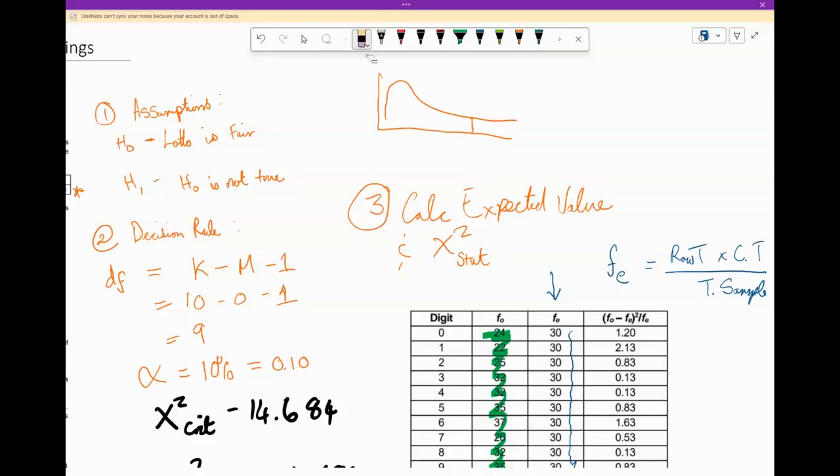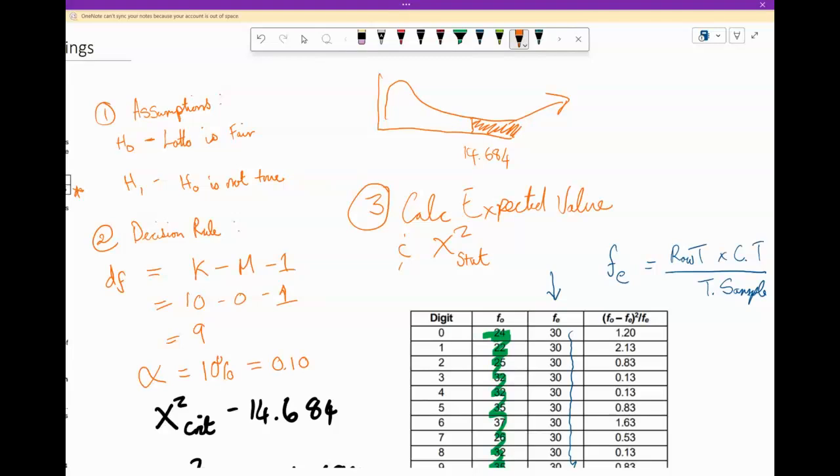In fact, I've done this wrong here. No, I lie, I actually was right. So the criteria is here, 14.684. And what region is this?